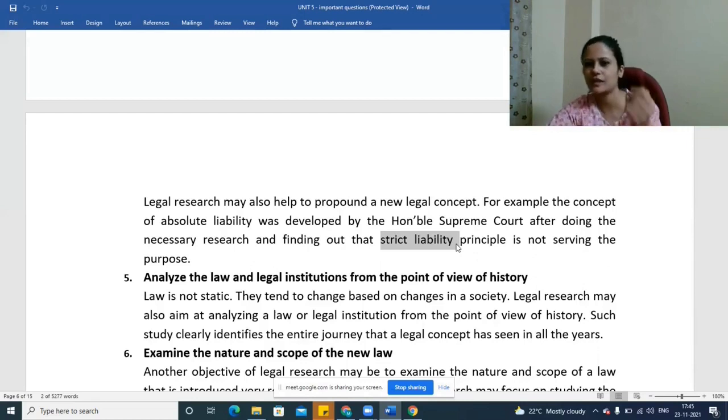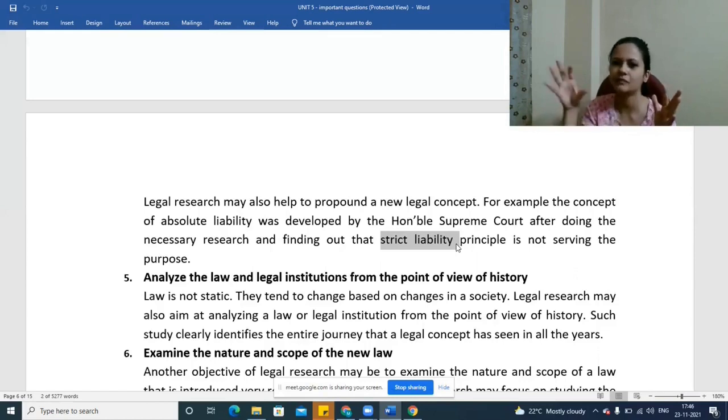Okay, so the case where this concept was developed was Rylands versus Fletcher. One person had a mill. To run that mill, he needed energy, so he wanted to store water in a very huge quantity. He stored water, and the water escaped to his neighbor's premises.